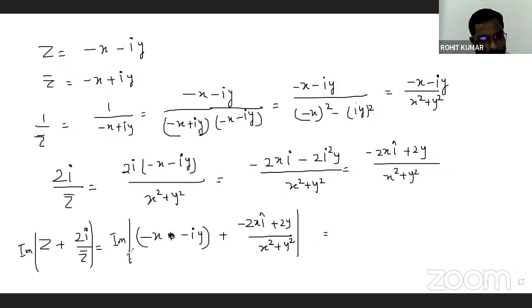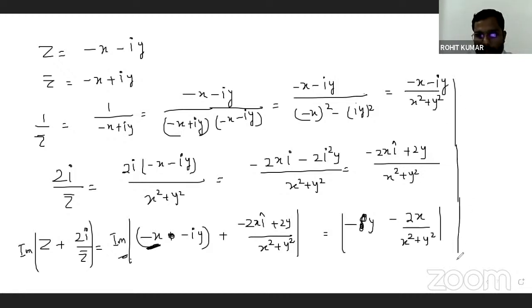We have to calculate only the imaginary part. So we can remove the real part which we have. So minus y minus 2x upon x square plus y square. Let's remove i. This is the imaginary part. Mod of it. So how much is minus y? Because the y value has come as minus 2 upon 125, this is 2 upon 125.